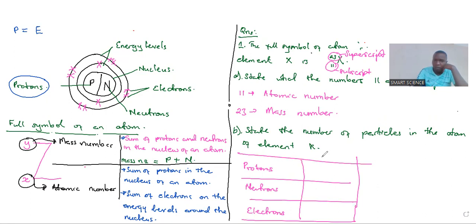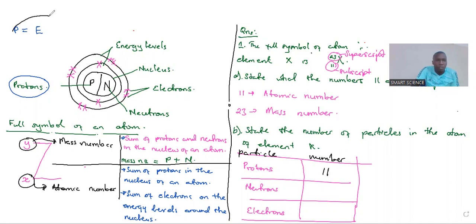So if I'm to identify the number, remember this is a particle, and I want the number. We agreed that protons make up what we call the atomic number. And since the atomic number is 11, protons are going to be 11.